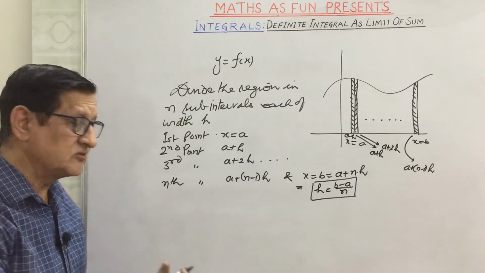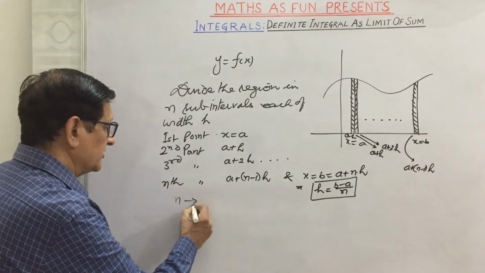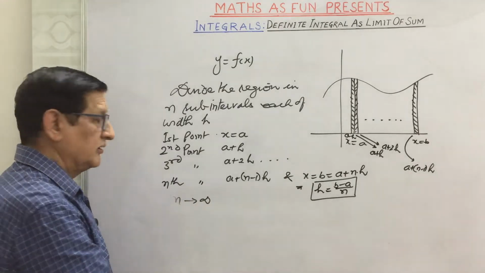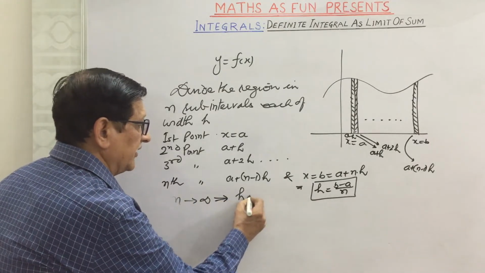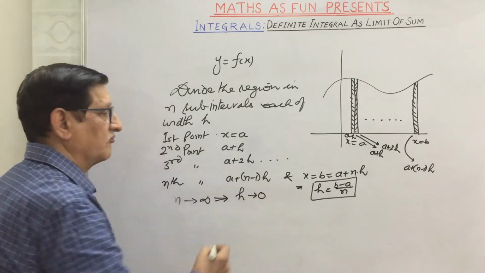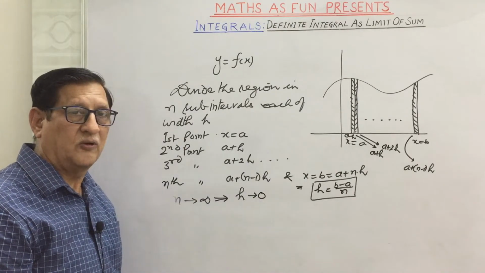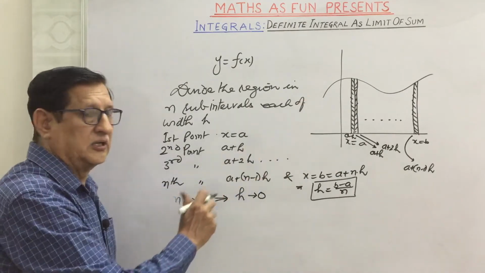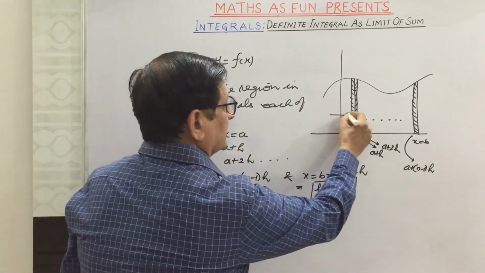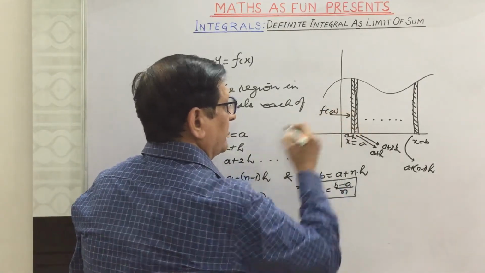Now if n is very large, say n is tending to infinity, then certainly h will be very small and that will be tending to 0. What about the area? See, if this point is a, this length will be f(a), or not.